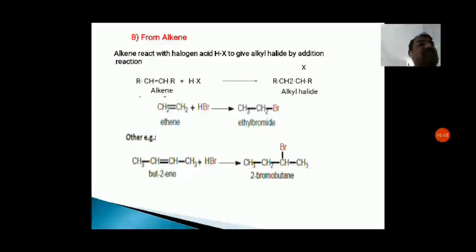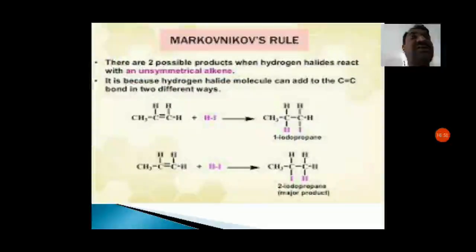Okay, but if there is an unsymmetric alkene, unsymmetric means like 1-propene, CH3-CH=CH2. Here the double bonded carbon atoms are not attached to similar groups or atoms. Therefore such alkenes are called unsymmetric alkenes, like 1-propene.